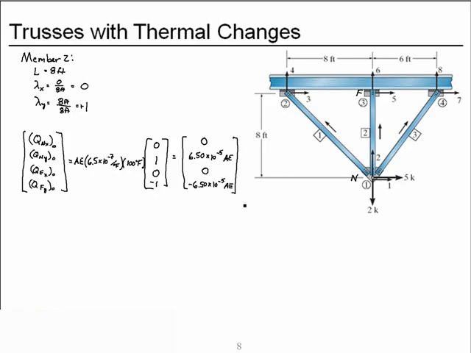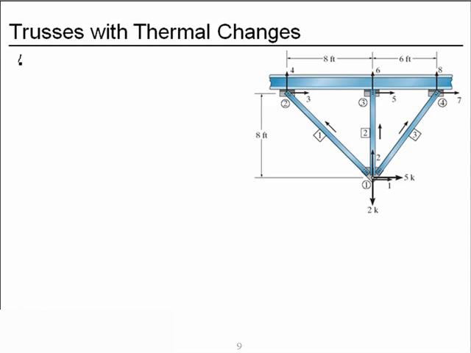And the degrees of freedom are near node X, degree of freedom 1, near node Y, degree of freedom 2, far node X, degree of freedom 5, and far node Y, degree of freedom 6.